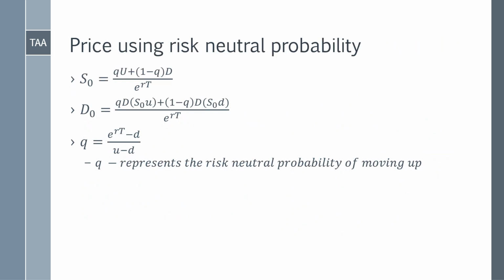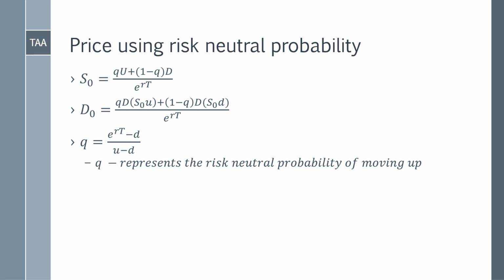So, how do we price using risk neutral probability? We'll be using Q to denote risk neutral probability. Using intuition, we can find the stock and the derivative values at time 0 using the risk neutral probability. With the stock, I'll explain the formula and it'll become quite intuitive.